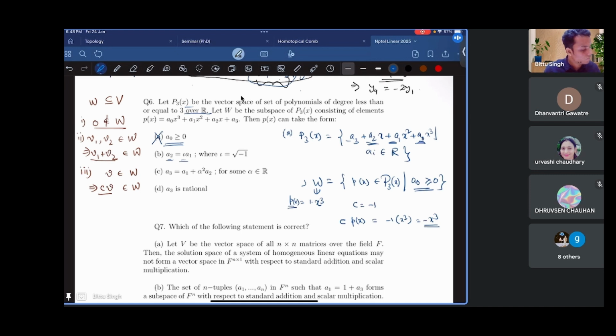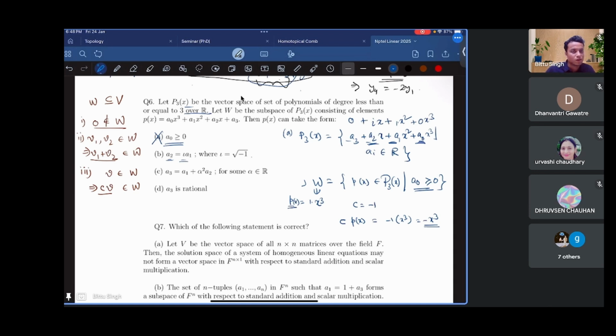For example, if you choose A2 to be i and A1 to be 1, take the polynomial 0 plus 1 times x plus i x square plus 0 x cube. It belongs to this space, satisfying the condition.